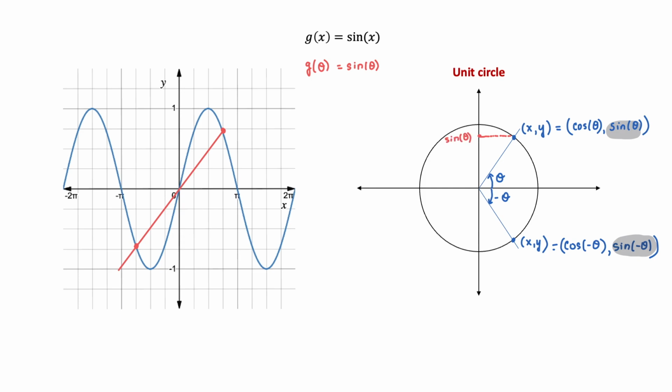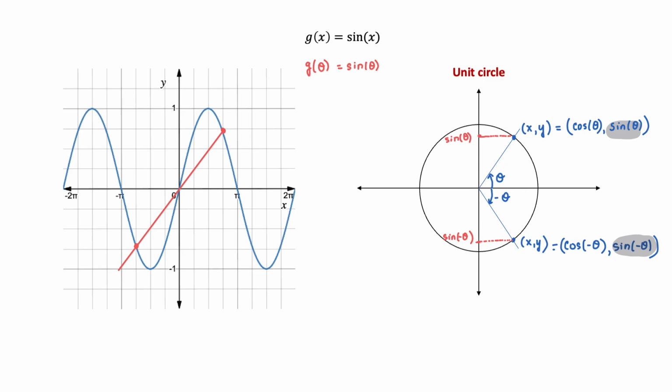And you notice how sine theta is now above the horizontal axis. And then in this particular case right here, same thing. This will be sine of negative theta. So then you notice that just like in the graph here on the left, you have that sine theta is above the horizontal axis, so it is positive, and here sine of negative theta is below the horizontal axis, so it is negative.